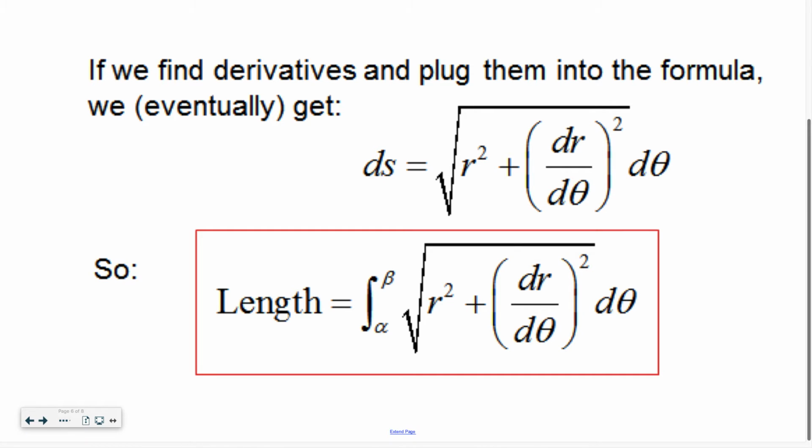So in the red box is what you need to write down. Our arc length in polar form would be the integral from alpha to beta of the square root of r squared plus dr d theta squared. If you do some finagling with your algebra with that dx squared plus dy squared, it would eventually come out to this.